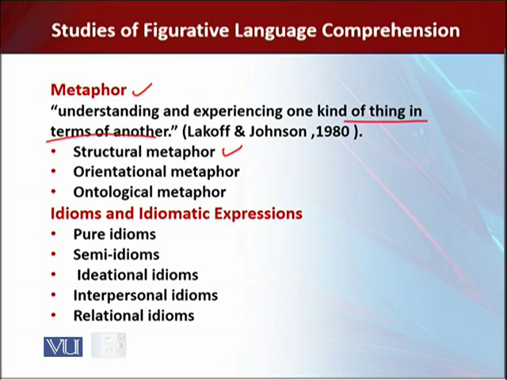So these are the expressions where words are structured metaphorically in terms of other words. Orientational metaphor deals with spatial relation: in, out, front, back, up, down. So it gives spatial orientation of an object.